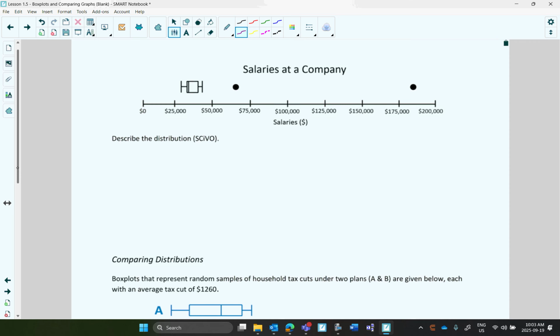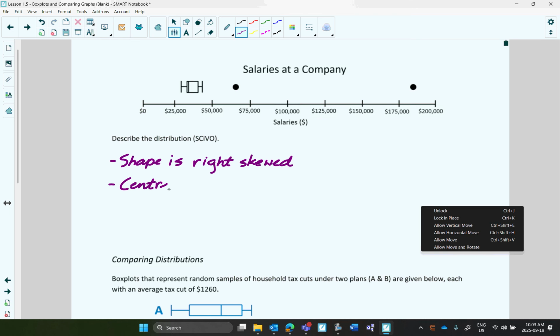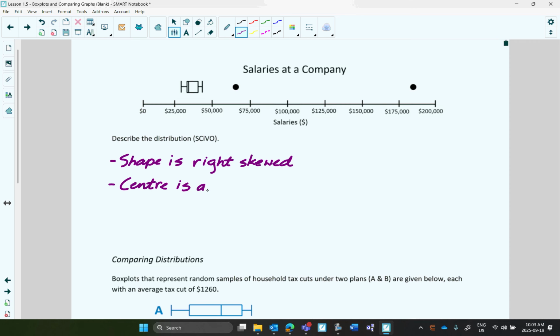All right, so shape is what? You know where the center's at.